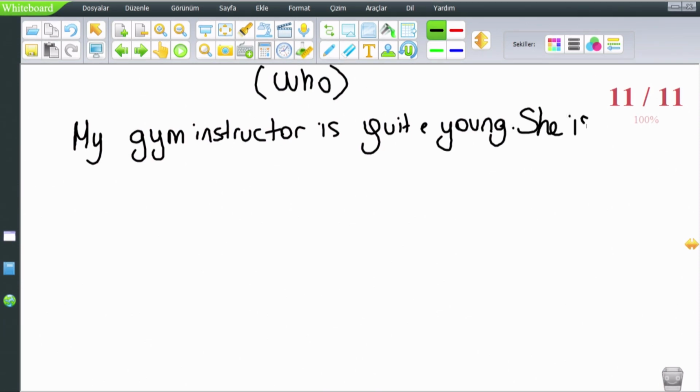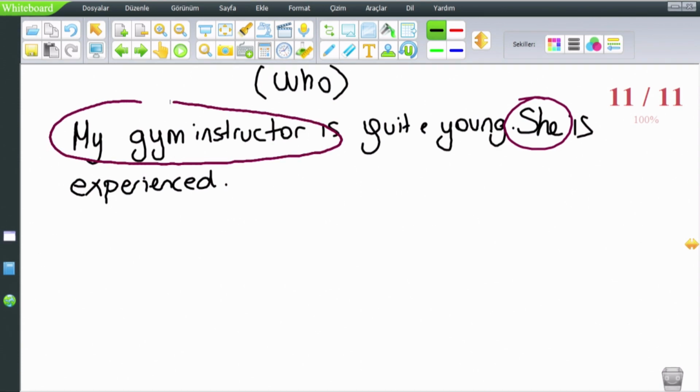She is experienced. Let's start with an easy example. Now in here, as you can see, the same thing that we have used in both sentences is our subject, my gym instructor, and in the second sentence, she refers to my gym instructor in the first sentence.